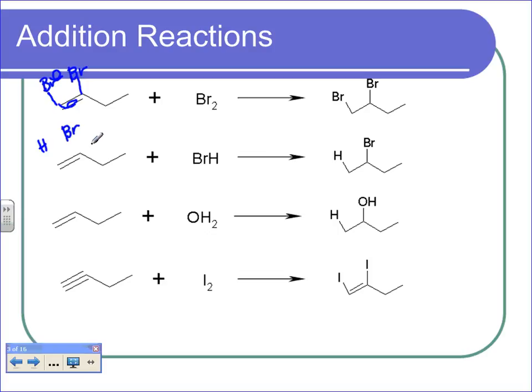Markovnikov's rule states that when you have an addition reaction, the substance other than hydrogen, so the bromine in this case, or you'll see when we add water, the hydroxide, is going to add to the most substituted carbon. So we have to talk about what that means. We've got 2 carbons here, this one and this one. And the hydrogen is going to end up adding to the least substituted carbon.